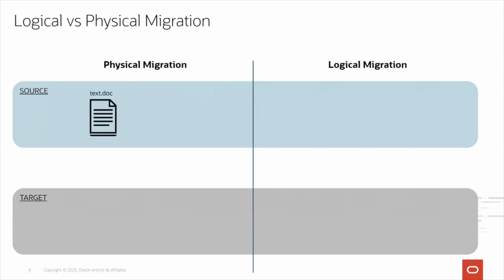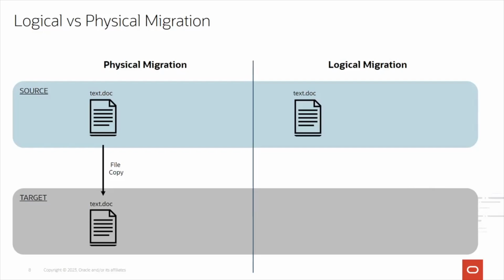Imagine you have a text.doc in your computer, and you copy it to your target, which is another hard disk or maybe a different machine. This is exactly what a physical migration is. You copy the entire contents, block by block or the entire file as such, and move it to a different target. In the same way, how does logical migration happen?